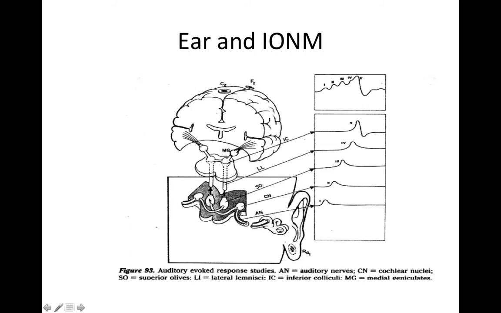Wave 4, L, the lateral lemniscus, going from the pons towards the midbrain. Wave 5, the inferior colliculus of the midbrain. Wave 6 is the medial geniculate body in the midbrain, and wave 7 is the auditory radiations going to Heschl's gyrus in the auditory cortex.